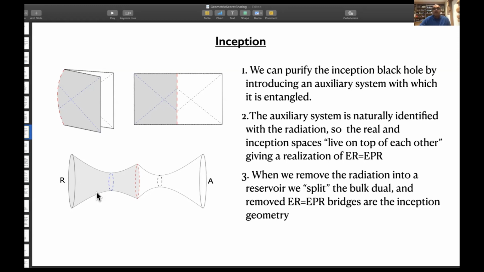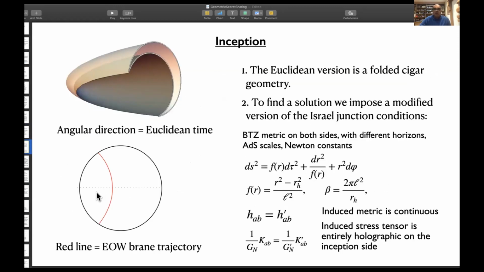Okay, so how do you construct such a thing? Well, you can do this in either the Lorentzian or the Euclidean version, and I'll do this in the Euclidean version. A way of thinking about this in the Euclidean geometry is that you're really constructing a kind of folded cigar geometry.